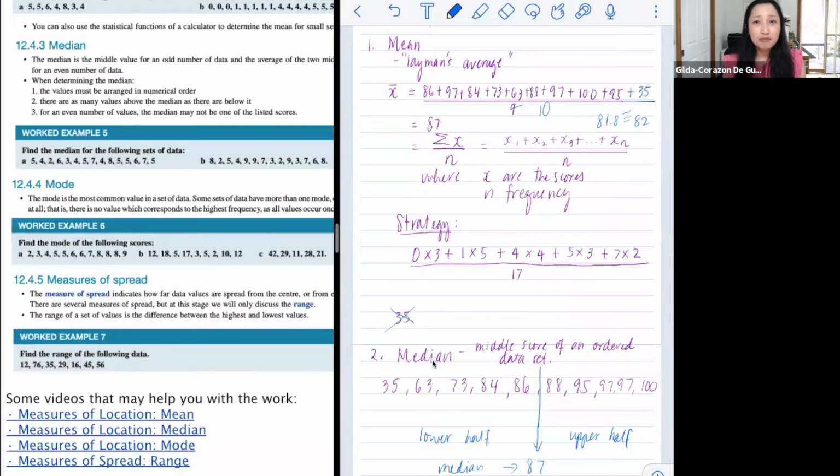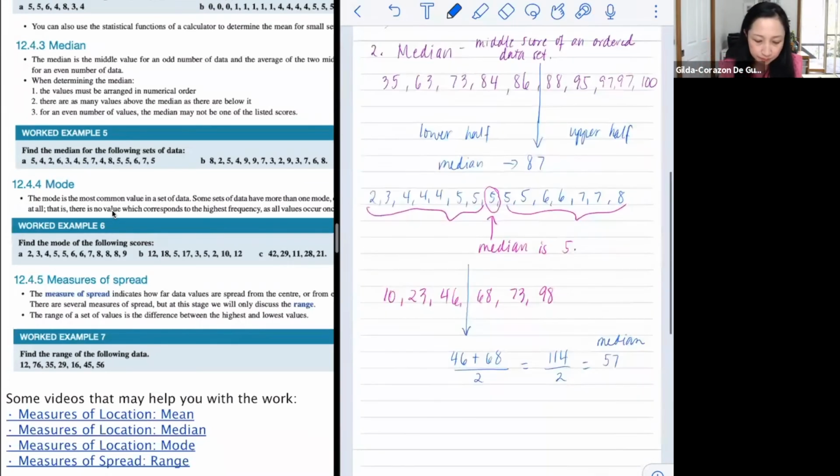But what if you're looking for the most popular lunch order and it doesn't have a number? You won't be able to add pizza and burger and something else, right? The mathematicians had to come up with another measure of center, which is what we call the mode, right?